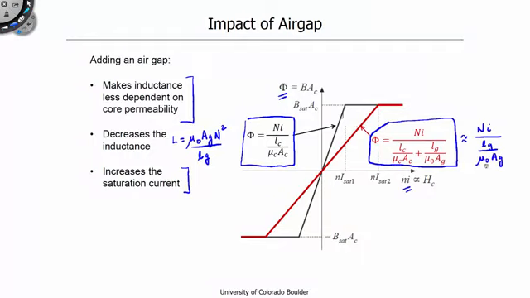Since mu naught is much smaller than mu c, the denominator is a much larger term, resulting in a much lower slope, which essentially means that the total flux reaches the saturation flux level, given by B sat times the cross-sectional area, at a larger current level. And so we've increased the saturation current of our inductor by adding the air gap. This is an important consideration if we don't want our inductors to saturate at the current levels they're designed for.